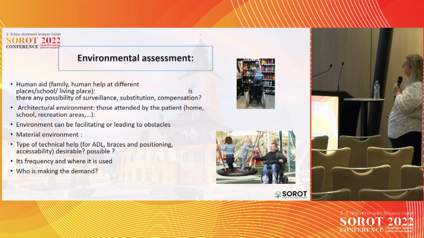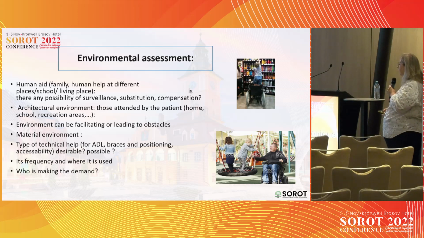And you have to assess the environment, because sometimes you need to maintain the human help, you need to adapt the architectural environment, and so you decide about the technical help, about the human help, and you analyze if you have to use it very often or very rarely.